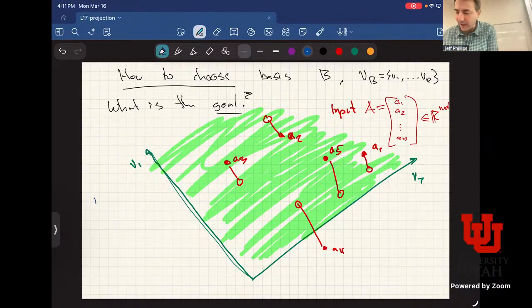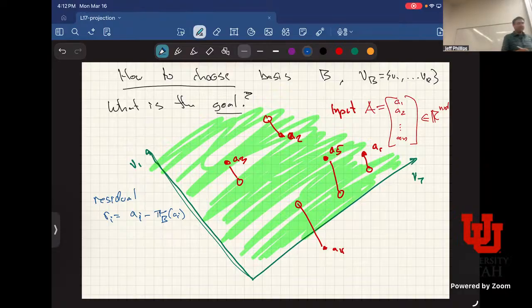So again, we're going to define the residual Ri to be Ai minus the projection onto B of Ai. This gives me a vector, and I don't want to worry about whether it's the projection minus Ai or Ai minus the projection; the order doesn't matter. For the residual, usually I look at the length of this.